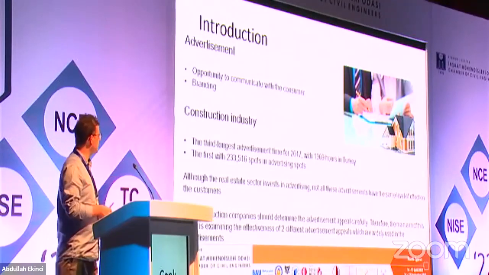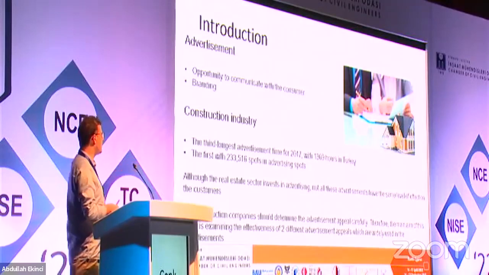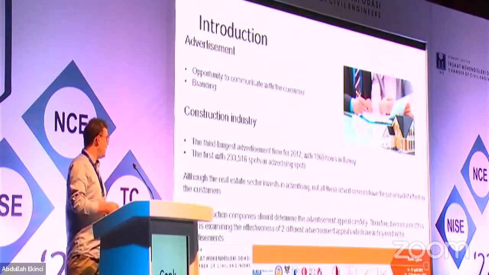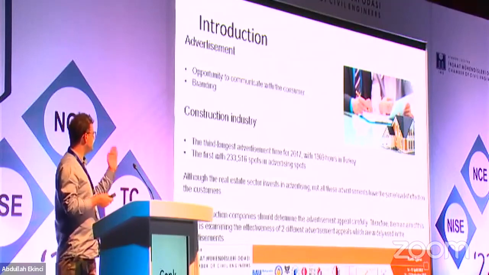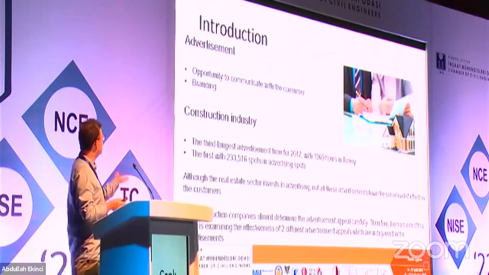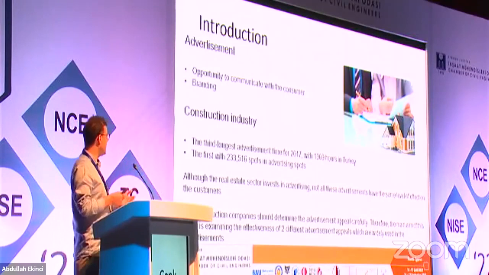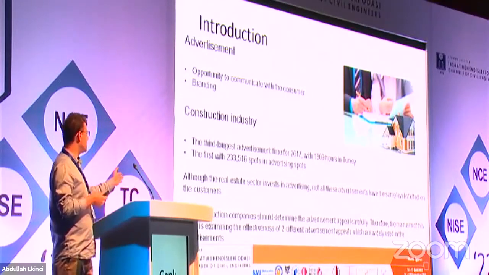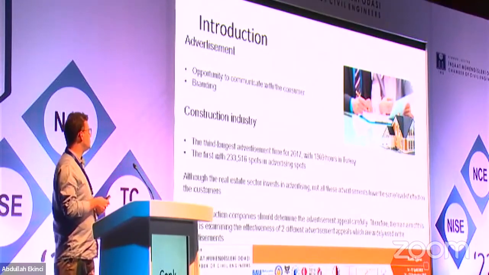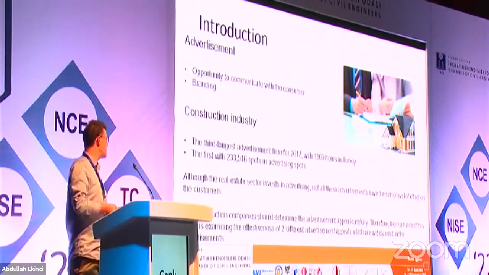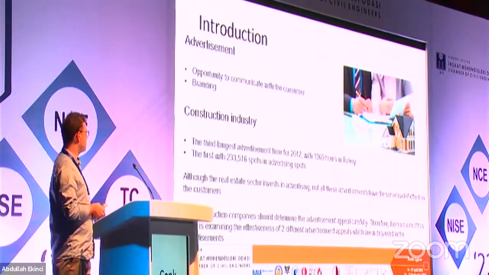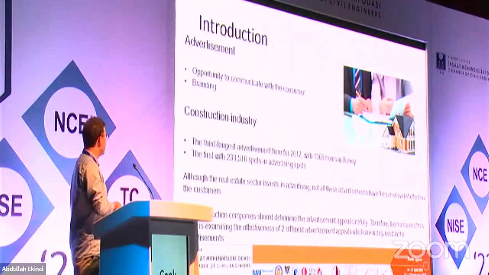In this study, we consider two main advertisement appeals. There are many studies which show that there is a direct relationship between the advertising appeal and effectiveness. So in this study, we focus on these two main advertising appeals. In the construction industry, unfortunately, there is no study like that. In the literature, there are many studies.